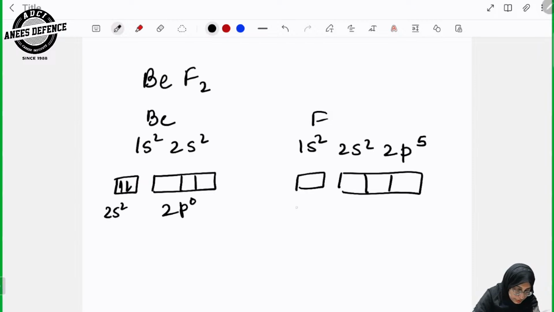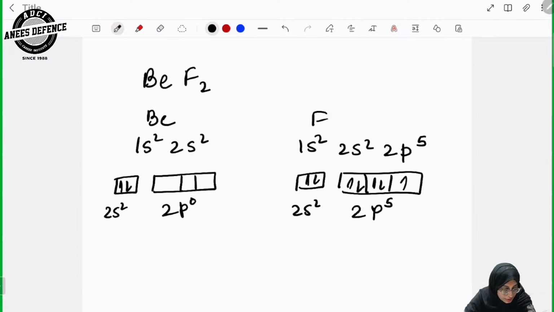Here, fluorine is 2s2 and 2p5. How will there be overlapping between these two? This cannot be explained by valence bond theory.